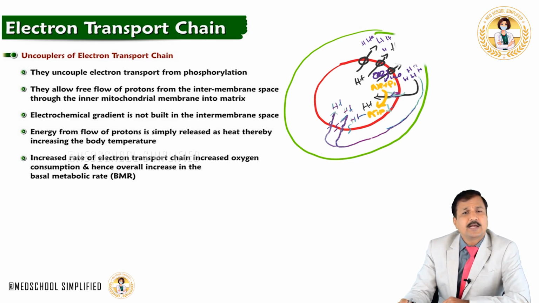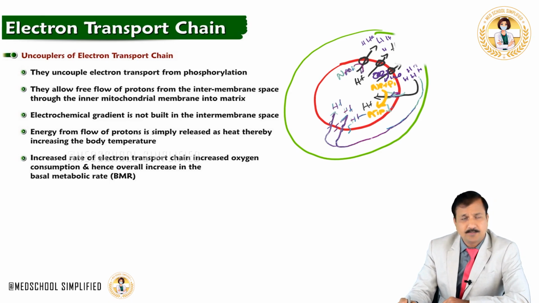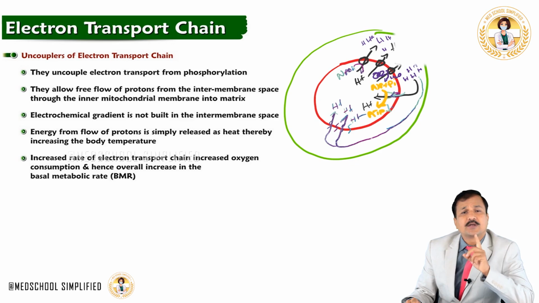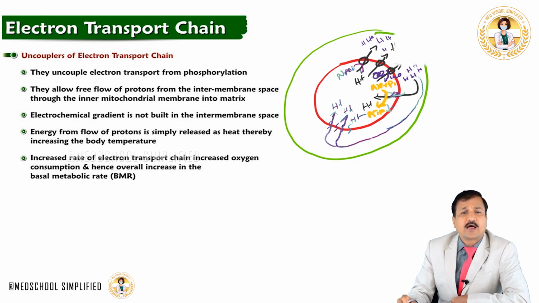Although, just to build the gradient, the electron transport chain will continuously go on. It is going to oxidize NADH into NAD plus and FADH2 into FAD and continuously pump protons into the intermembrane space trying to build the gradient, but the gradient is not built because the protons are leaking through these ionophores. These are the uncouplers.